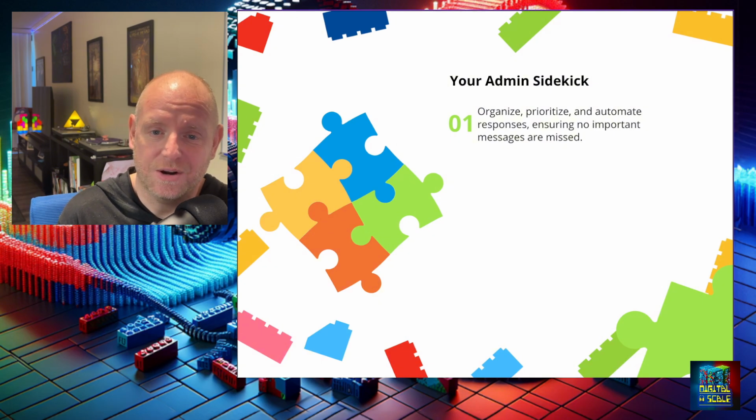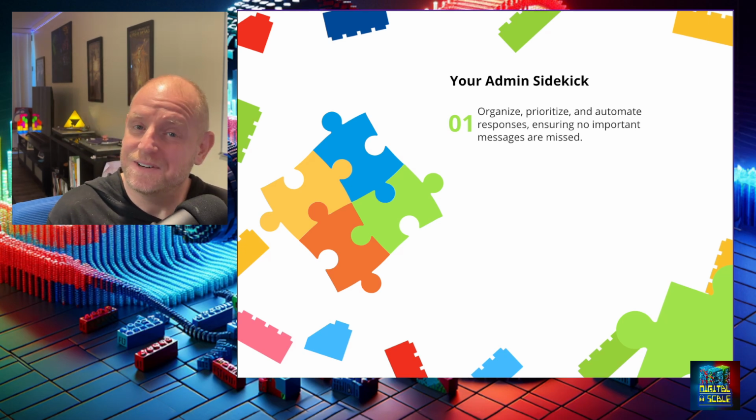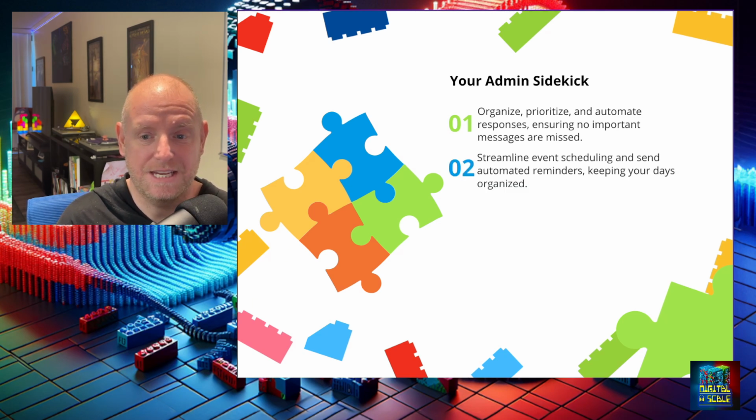So today our goal with our admin sidekick, it's kind of like hiring your very first admin. We're not going to be able to do all of this today, but ultimately what the admin sidekick will be capable of by the end of this course is organizing, prioritizing, and automating all of your responses for your email.